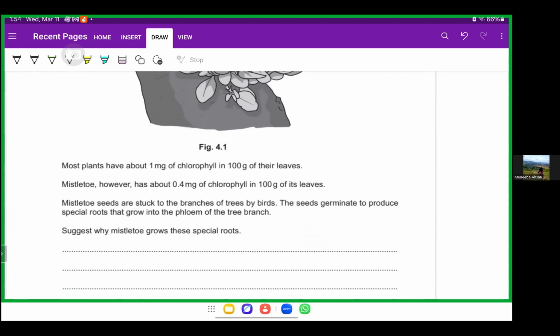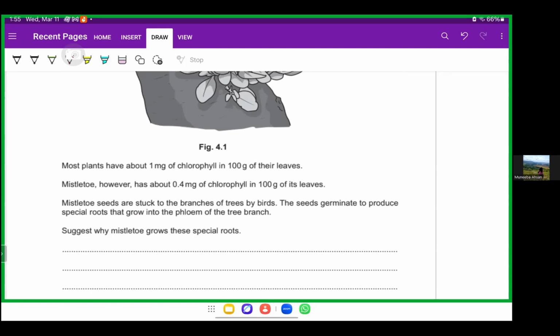This plant, however, has about 0.5 milligram of chlorophyll in 100 gram of its leaves. So it's quite less, even less than 50%. Its seeds are stuck to the branches of the trees by birds.